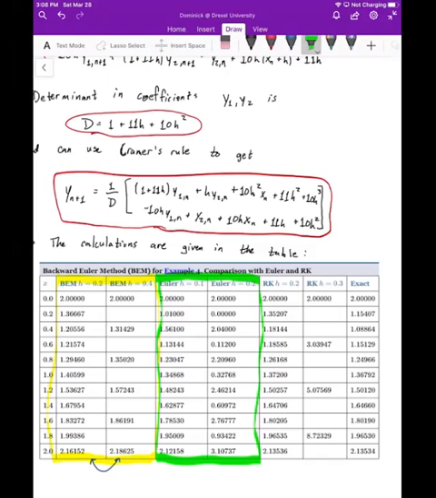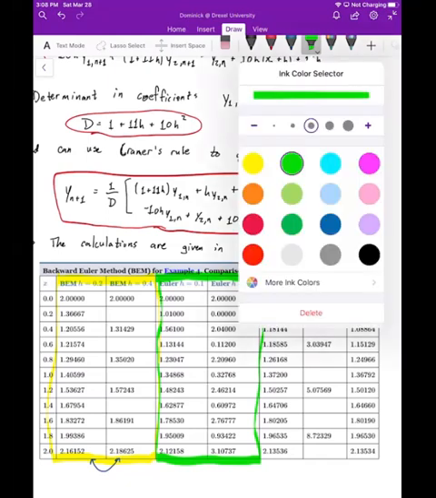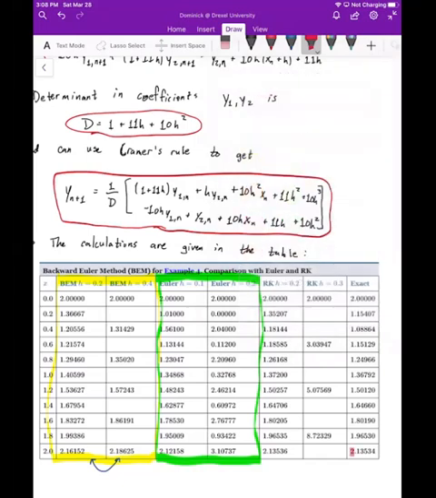Again, we're comparing this to these exact values here. So backward Euler for both step sizes is accurate to the hundredths place, whereas in the Euler method, for a step size of 0.1, you're accurate to the hundredths place, but for a step size of 0.2, you're not even accurate to the ones place. So you're fairly far off on that.